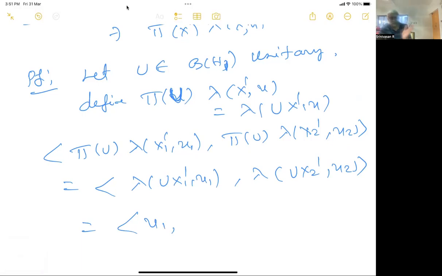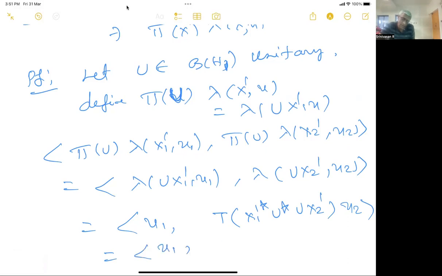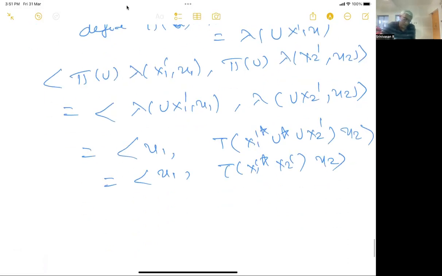As you know, we have already calculated all these things. This is what you'll get: u1 star T of x1 prime star u star u x2 prime, u2. But u star u is 1. So this is going to be u1 star T of x1 prime star x2 prime u2. Now this is equal to, because this is precisely, the inner product of lambda of x1 prime, u1 with lambda of x2 prime, u2.